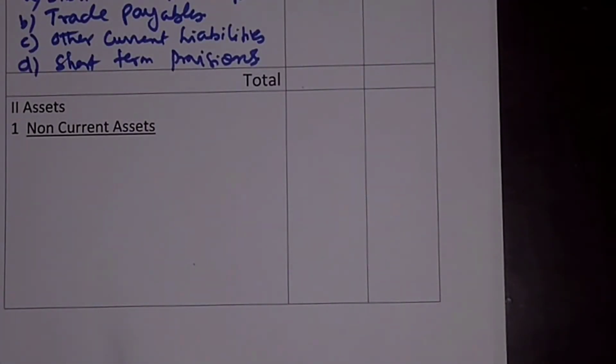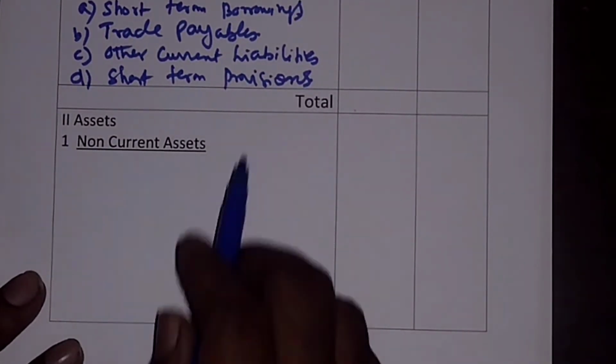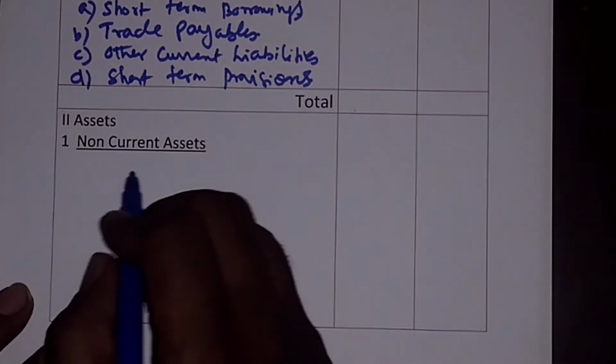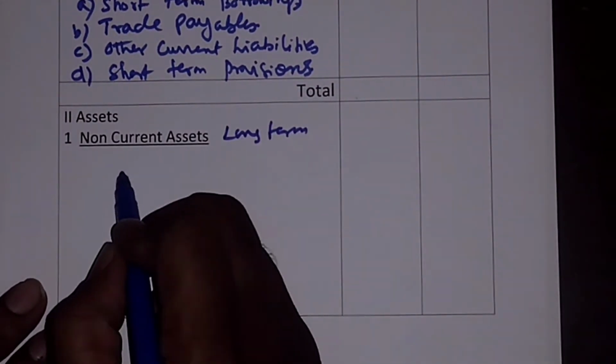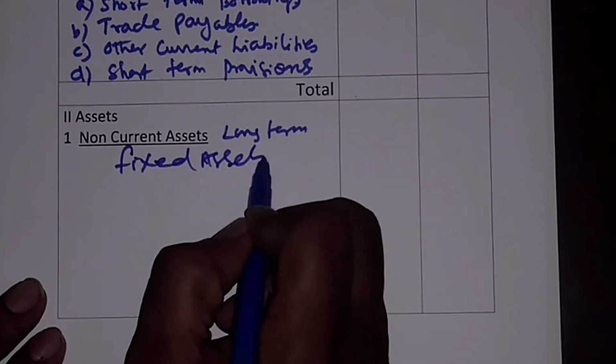Next, coming to assets. The assets are classified into non-current assets and current assets. Non-current means long-term assets. Under that, the very first one is fixed assets.